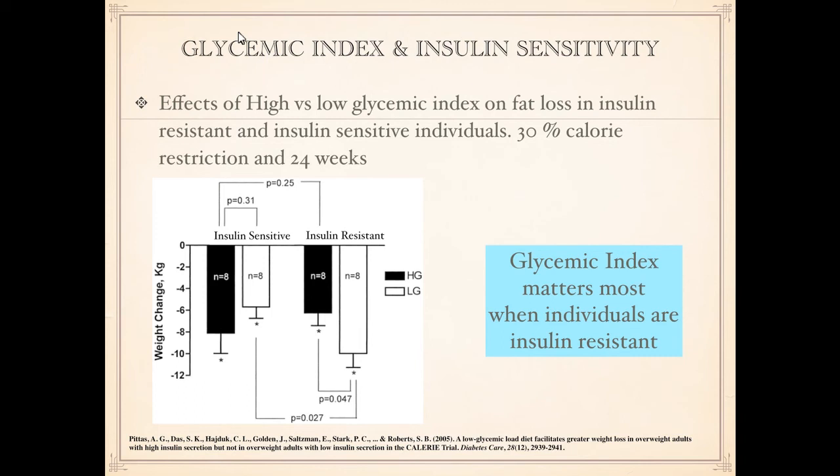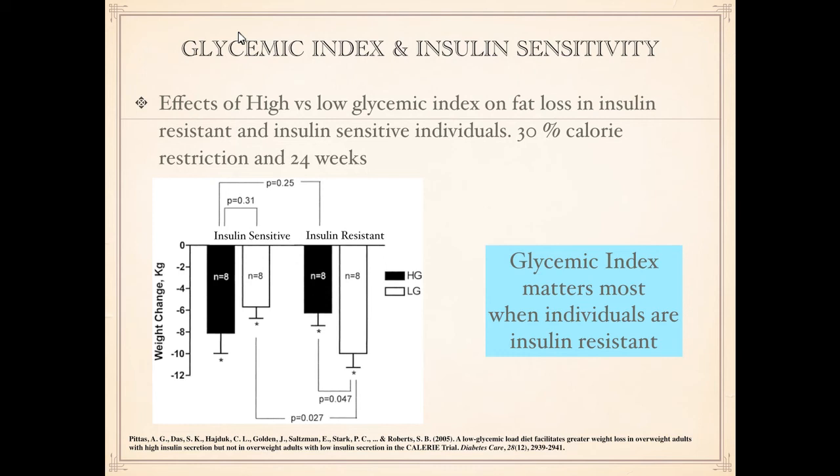To the left, we have insulin-sensitive people. To the right, we have insulin-resistant people. Notice that the percent weight change is around the same for the high and low glycemic index group in the insulin-sensitive. However, in the insulin-resistant, there's more body fat loss with the low glycemic than high.